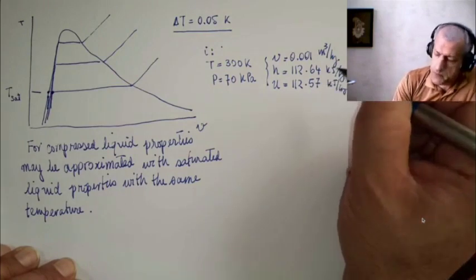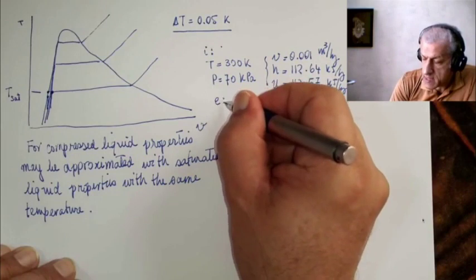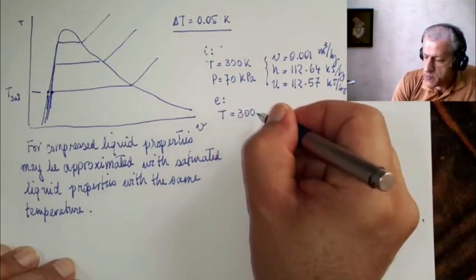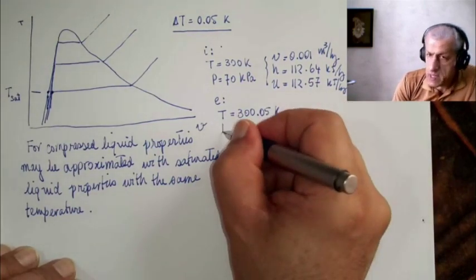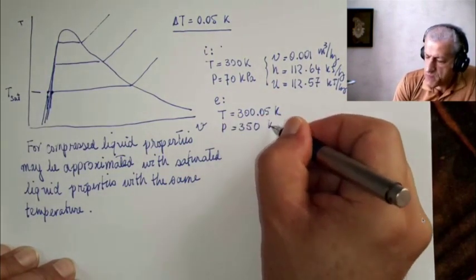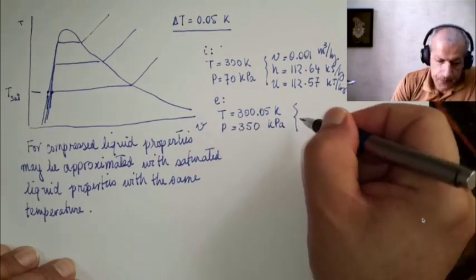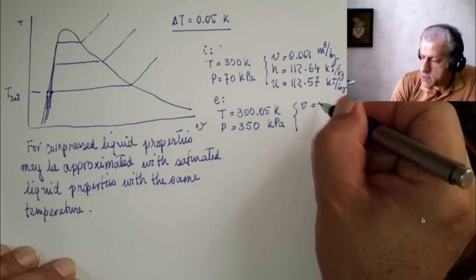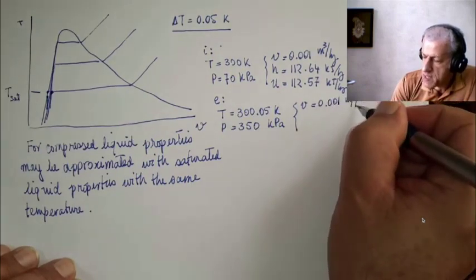Okay, and for the exit condition, T equals 300.05 kelvins and P equals 350 kilopascals, and therefore you would read V equals 0.001 cubic meters per kilogram.